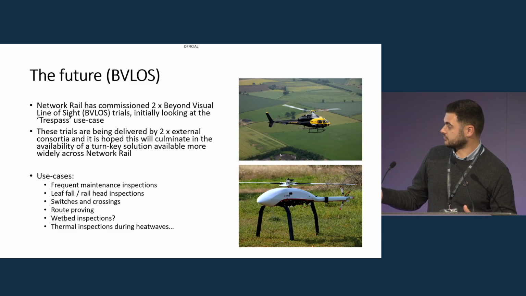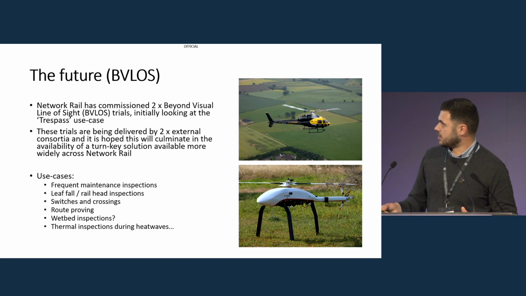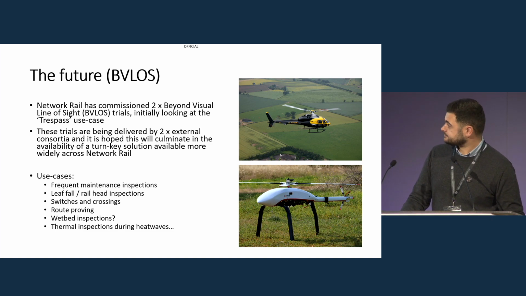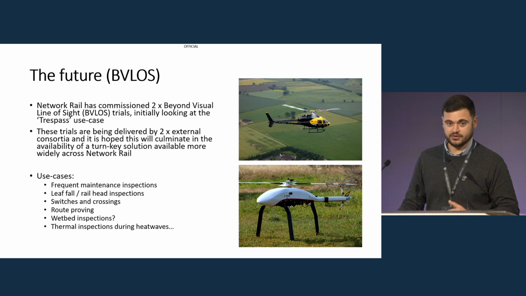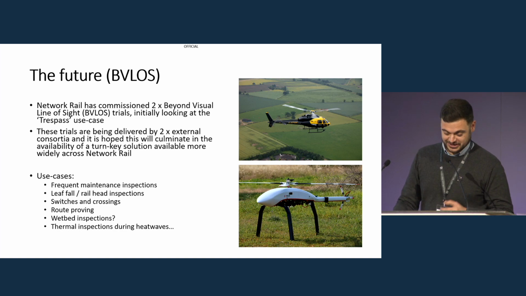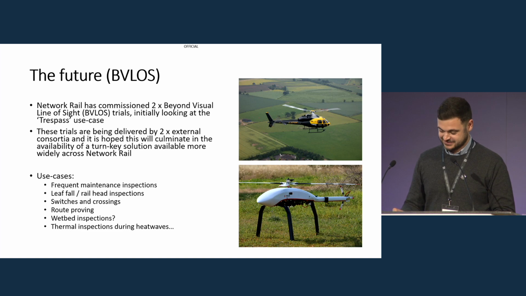I've put up a few examples there, such as frequent maintenance inspections, routine maintenance tasks, leaf fall railhead inspections in the autumn, looking at switches and crossings, route proving, wet bed inspections, all those kinds of applications. They're just ones I quickly plucked from the top of my head.